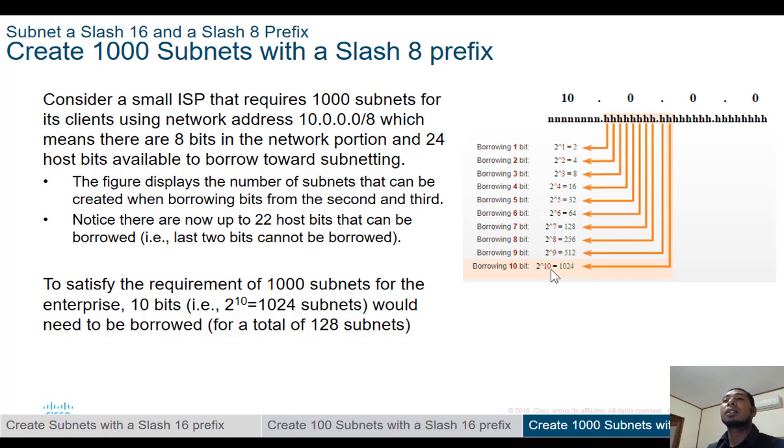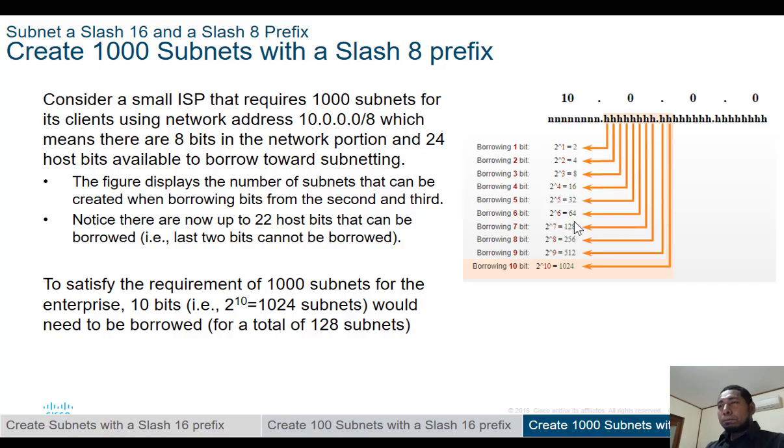It could be extra. Okay, so example here, 2 raised to the power 10, 1024 subnets. So that's enough. So you will use 1000, 24 will be extra subnets. In case the network expands, you can have the extra 24 subnets to be used.